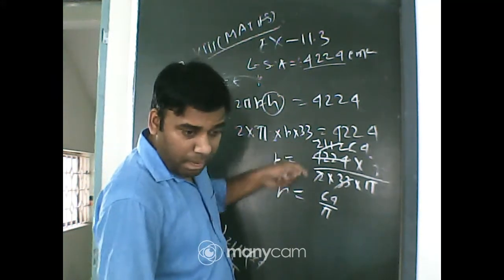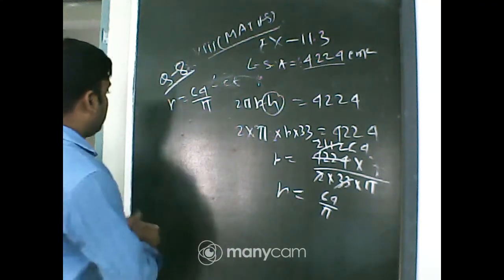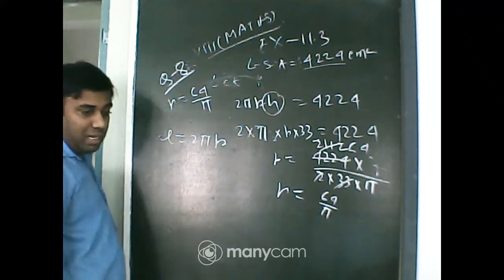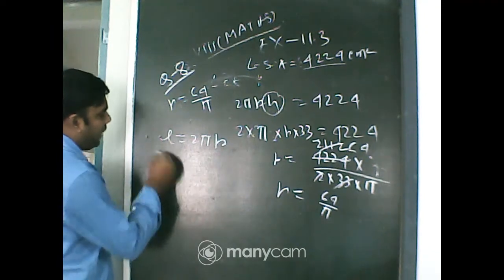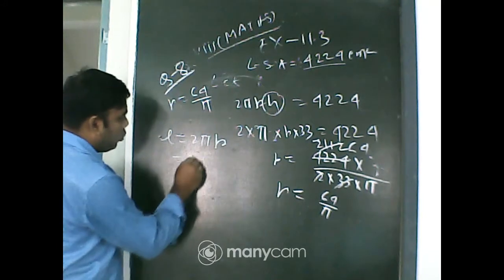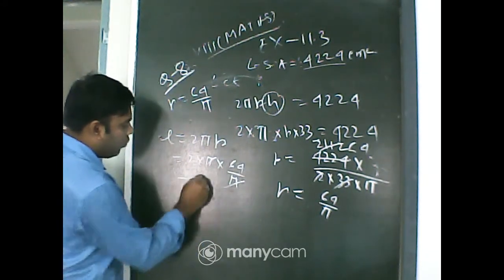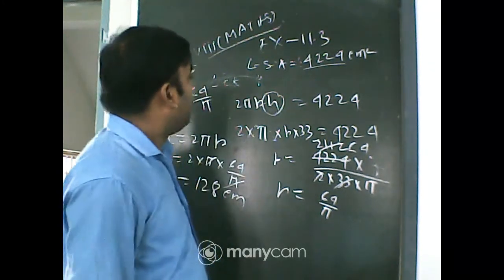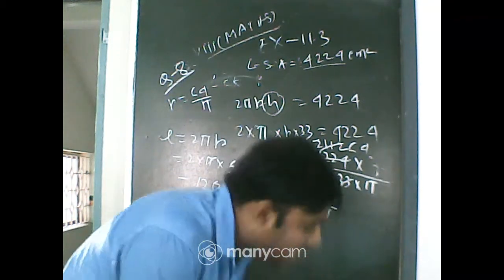Next, anyone can say what is the length? 2 pi r. Length equal to 2 pi r. So length, we need to find 2 into pi into 64 by pi. So pi cancels, 128 centimeter. So length is 128 centimeter.